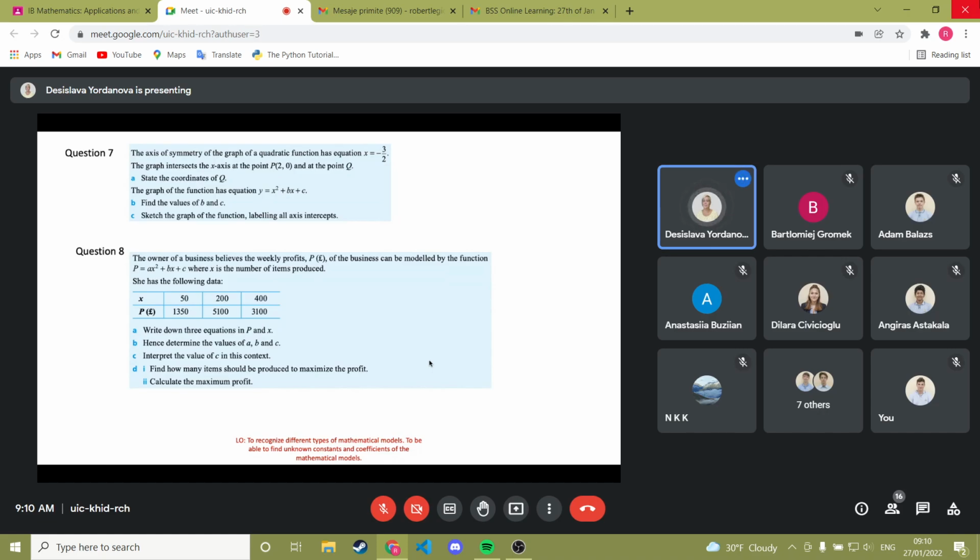So if we produce no items, the profit will be equal to C. Our C is minus 900. So the profit will be minus 900, which means actually that is a loss. Okay? Questions? Yeah, all clear.